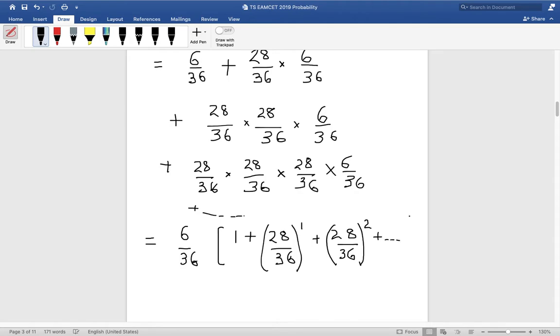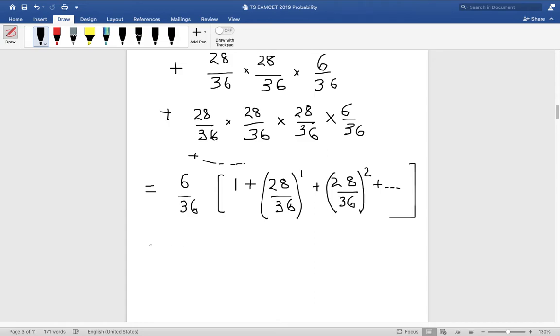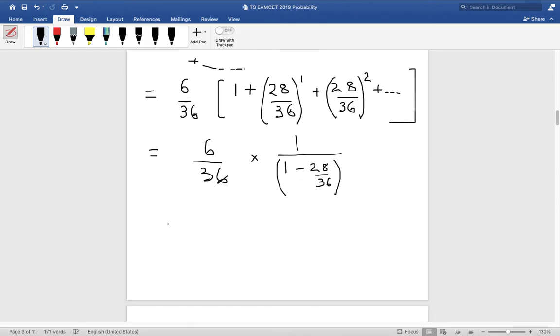Okay, and sum of this geometric progression is simply 1 by 1 minus r. So 1 by 1 minus 28 by 36. So taking LCM is easy stuff. So 6 by 36 multiplied by 36 by 36 minus 28, which is 8. So the answer is 3 by 4.